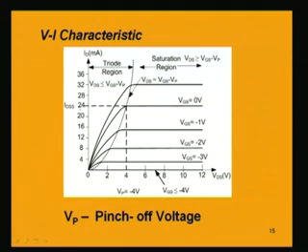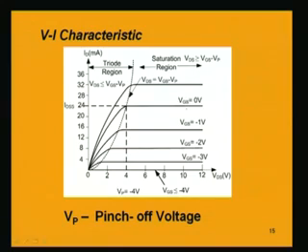And now, if we go on increasing the negative VGS, say VGS equal to minus 1 volt, minus 2 volt, minus 3 volt, this way, then the current will be reducing and reducing because of the depletion region being increased and the channel width being reduced. So, the drain current will be reducing, and that is reflected in these plots.